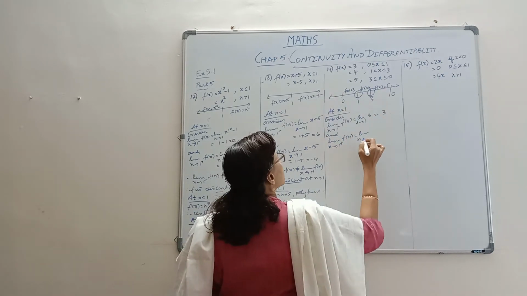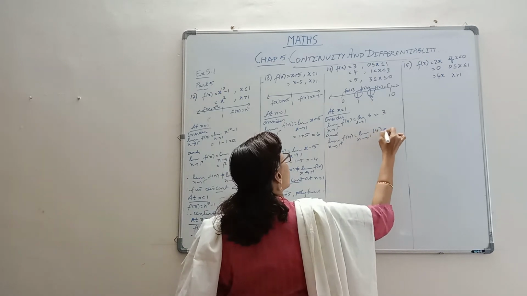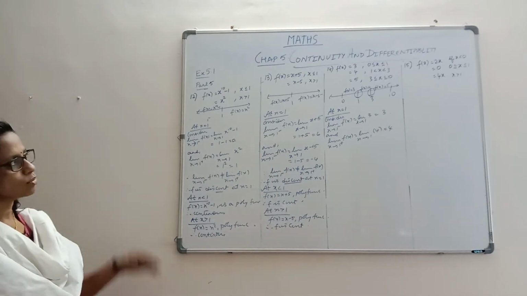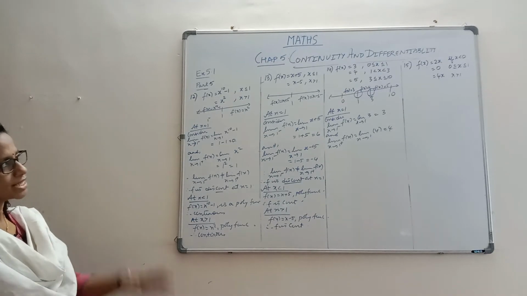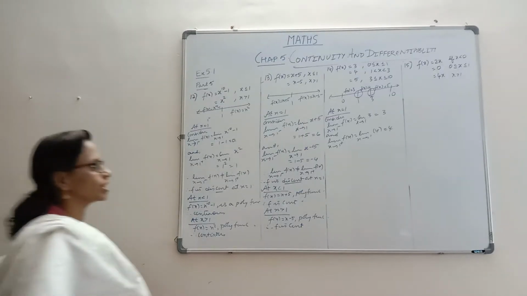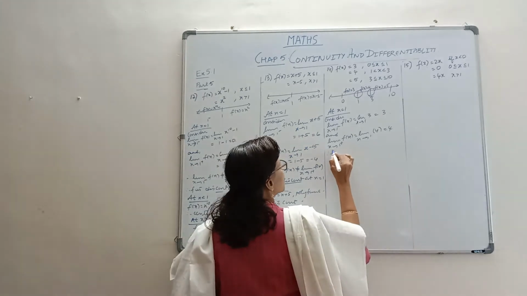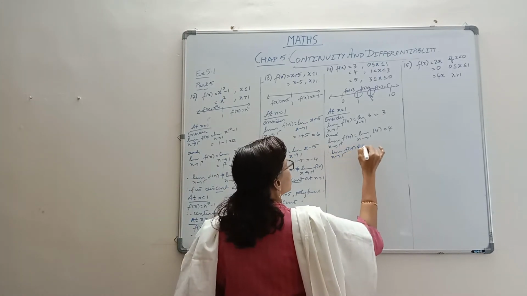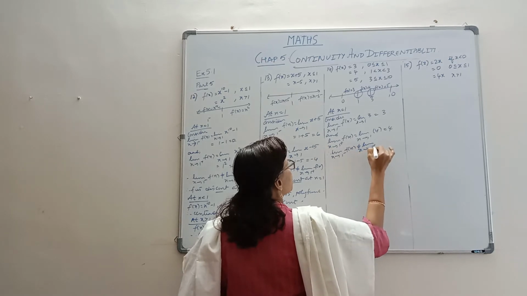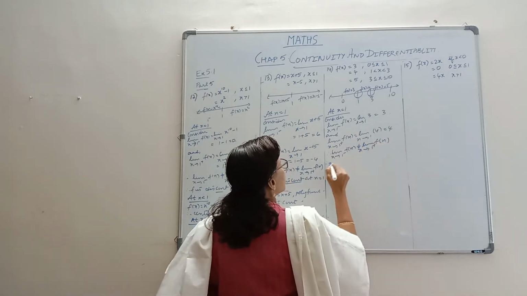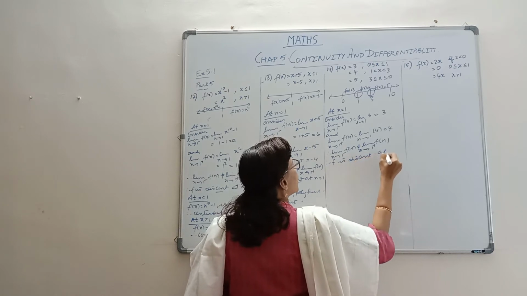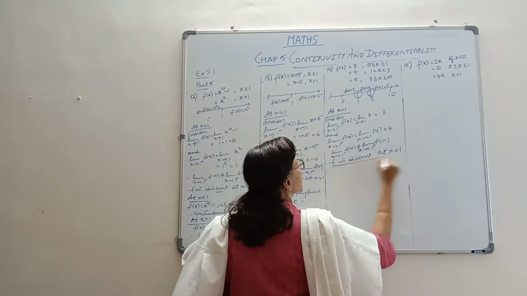Right side of 1, the function is 4. So value is 4. So just check around 1, both sides the values are different. So they are not continuous, right? So therefore limit as x tends to 1 minus f of x is not equal to limit as x tends to 1 plus f of x. So therefore f is discontinuous at x equal to 1, right?